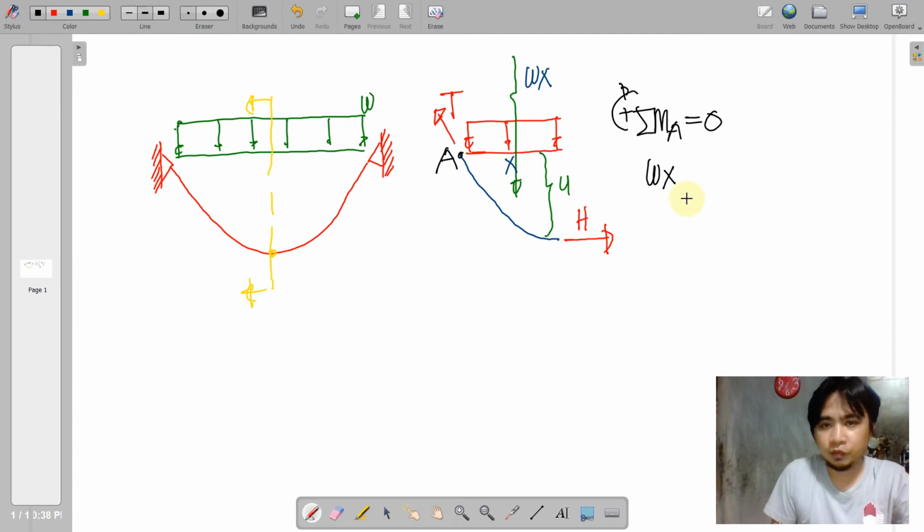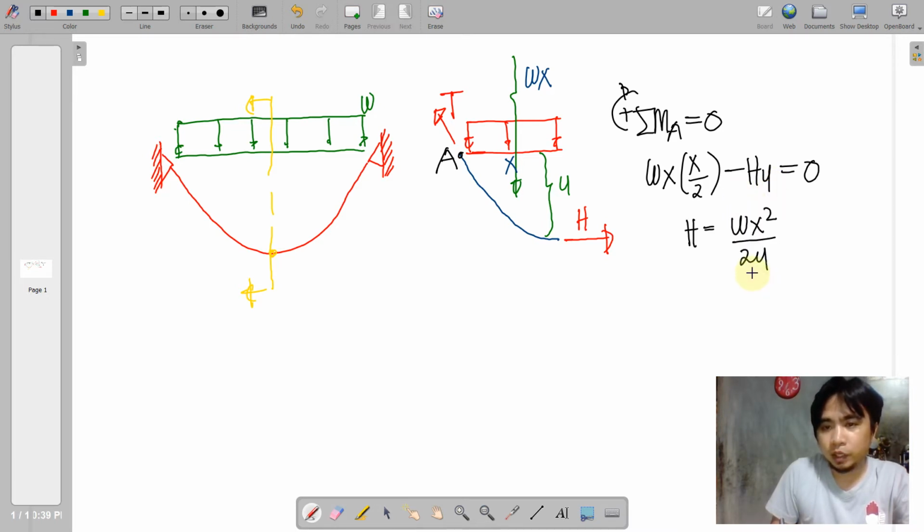So first we have here Wx times the distance x over 2 from A minus H times y is equal to 0. So we can summarize that H is equal to Wx squared all over 2y.